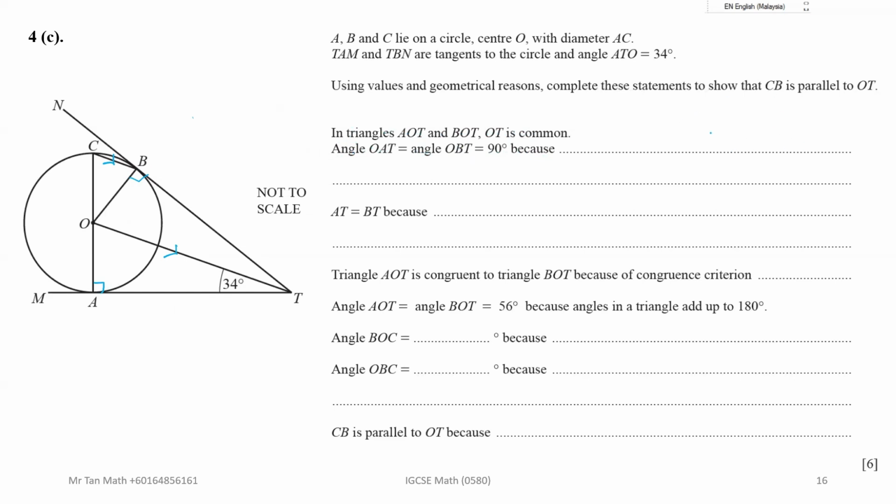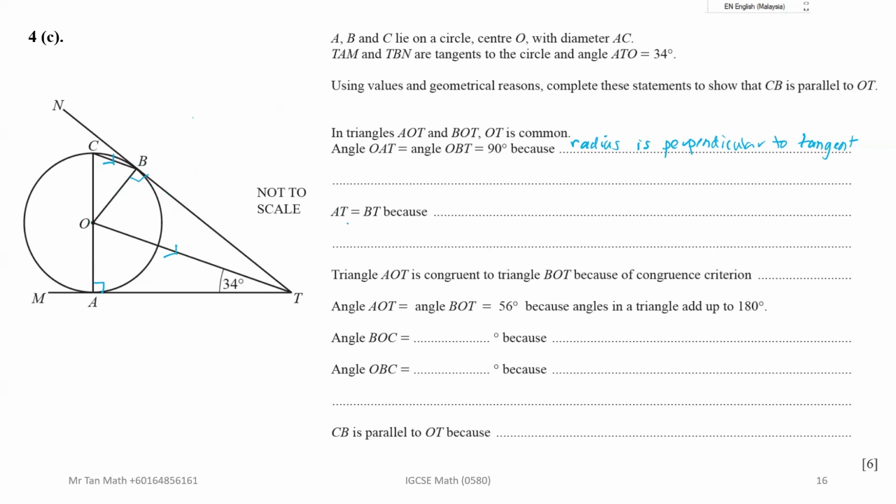Then you can say because the radius is perpendicular to the tangent, or you can say that the angle formed between the tangent and the radius is 90 degrees.